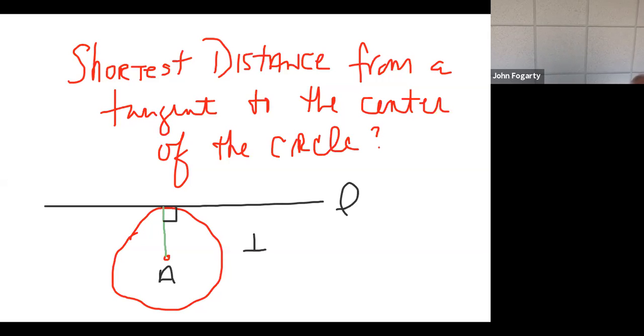All righty. So let's see what that allows us to do. If we know that the shortest distance to the tangent line from the center of a circle is a radius perpendicular to it, we're going to be able to do all sorts of things. So let's look at the first one I want to show you.